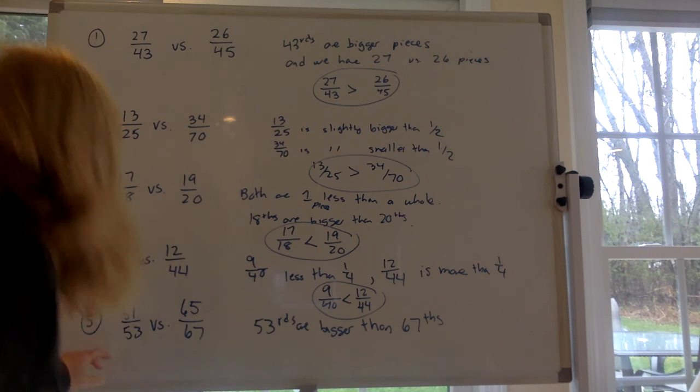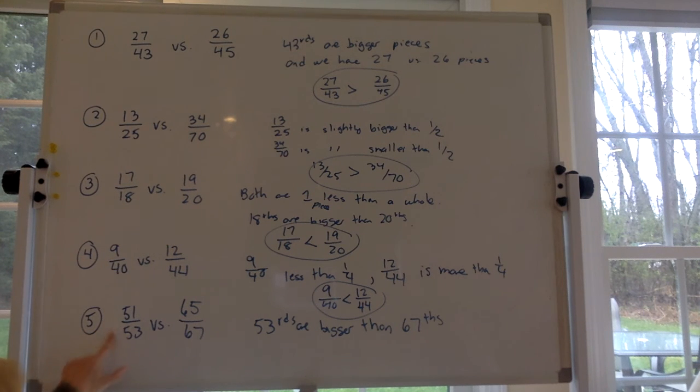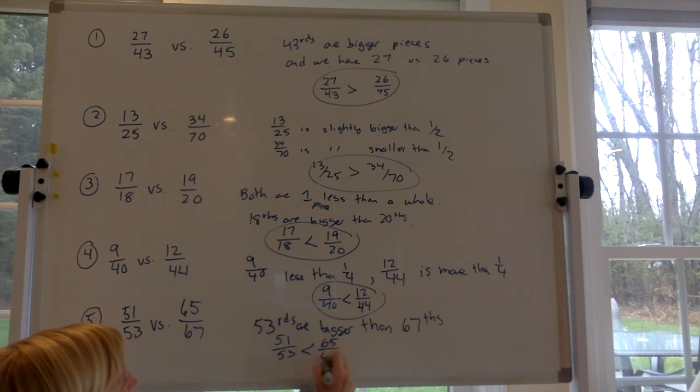So there are 2 bigger pieces missing from this pizza as opposed to that pizza. So there's a bigger chunk missing from this pizza. That means 51 over 53 has got to be less than 65 over 67, right?